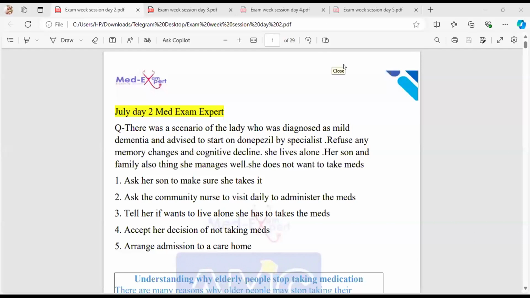Yes, doctor. So, what happened? No, doctor, nothing happened. Actually, I'm just saying that I will share the other file. That file for the day first was complete. Therefore, I'm sharing the other file.